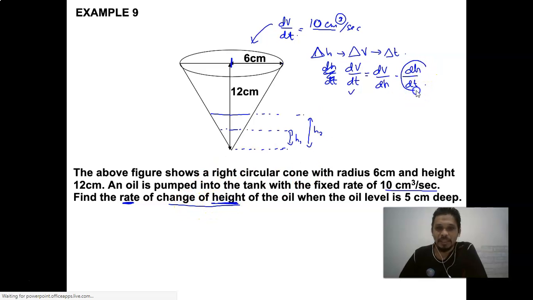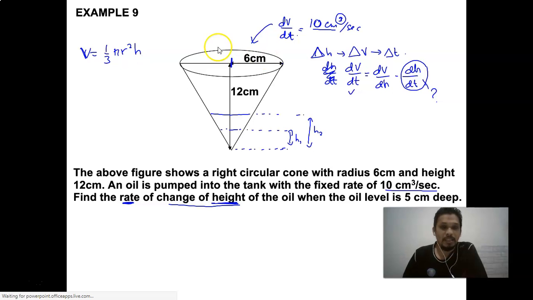So dH/dt is the thing that we need to find the answer for in this question. But for dV/dH, we need to find the volume of this cone. V equals 1/3 pi r squared h.